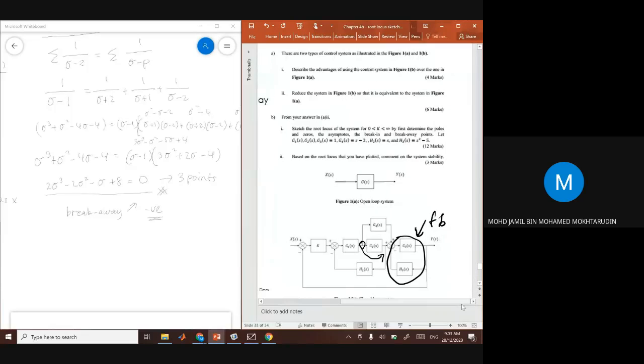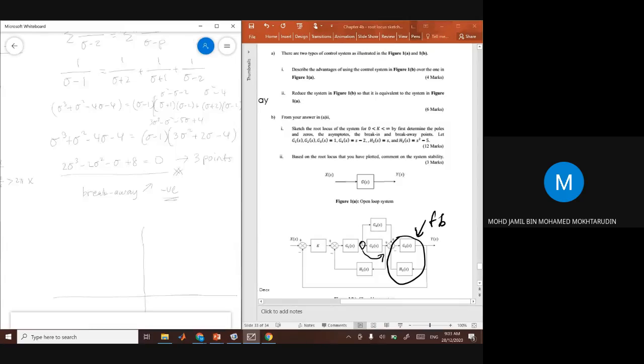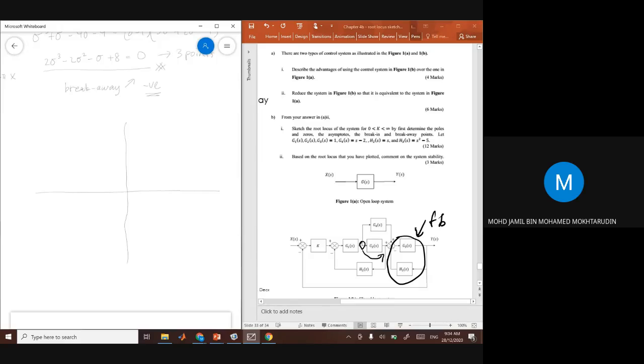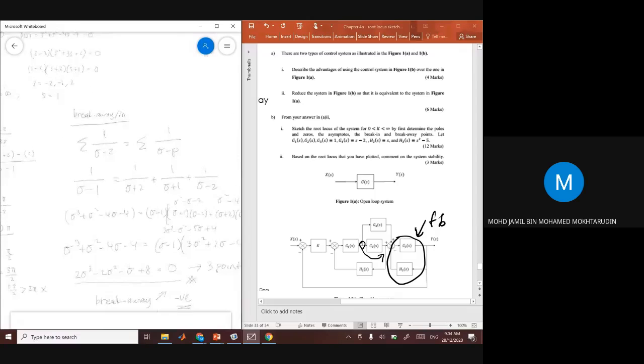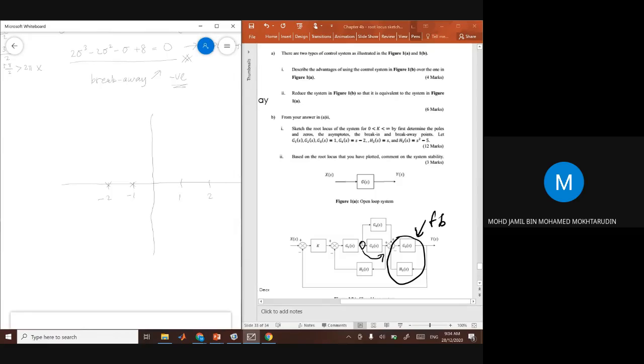Okay, and then we can sketch the root locus. So the poles is at -2, -1. So here -1, -2, 2, and 0 is at 1. Okay, so and then the asymptote is at -1.